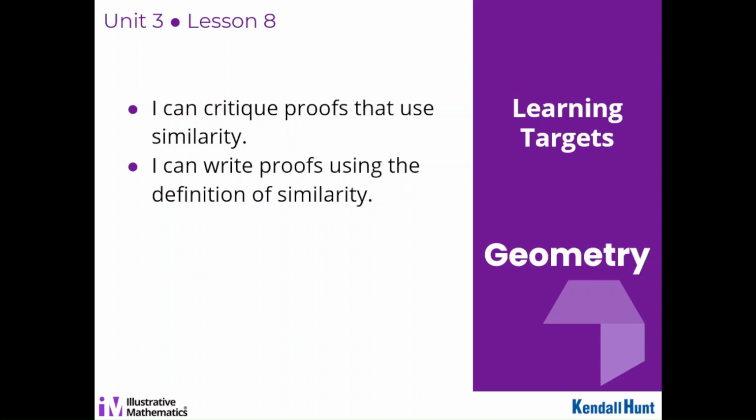And then learning target number 3, I can write proofs using the definition of similarity. This is where you go step by step to prove that using nothing other than rigid transformation and scalings, you are able to move one figure directly on top of the other figure.